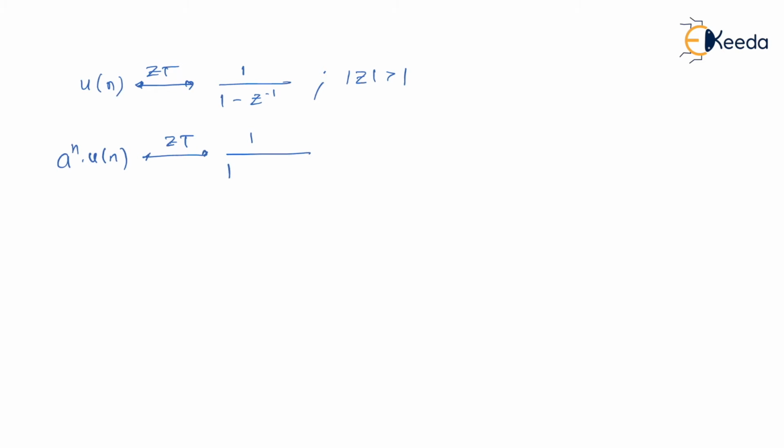Then it will be 1 upon 1 minus z replaced with z by a, and this is whole inverse, and z is again replaced with z by a greater than 1. Then this is equal to 1 upon 1 minus z by a inverse, then it will become obviously a z inverse.